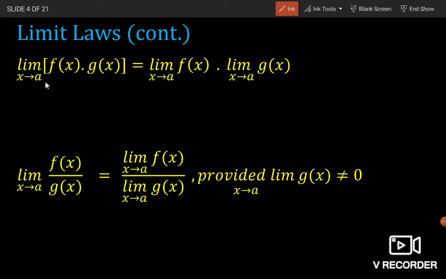Next is the limit of the product of two functions as x approaches a is equal to the product of the limit of each function. So in this case, as an example, we have the limit of x squared multiplied by x plus 1 as x approaches 1.